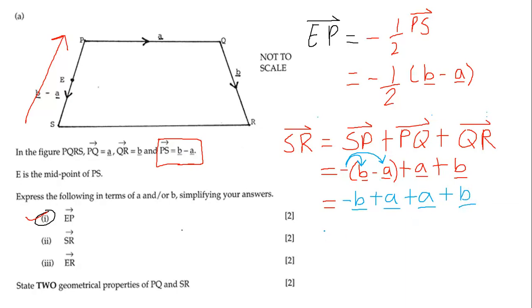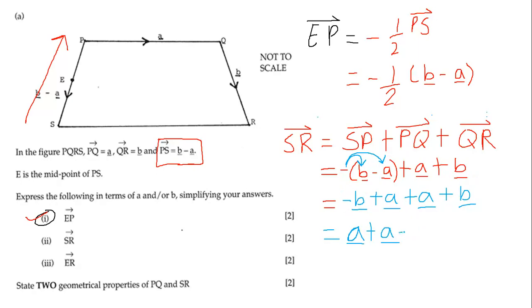Now, let us group these together. So you're going to group all the A's. So here we have 2 of the A's, all right? And so it's going to be A bar plus A bar. And then we're going to take the B's. So we have a negative B here and we have a positive B here.